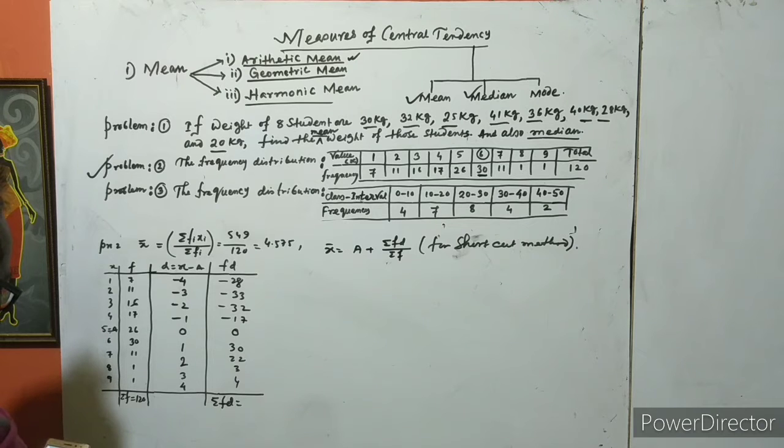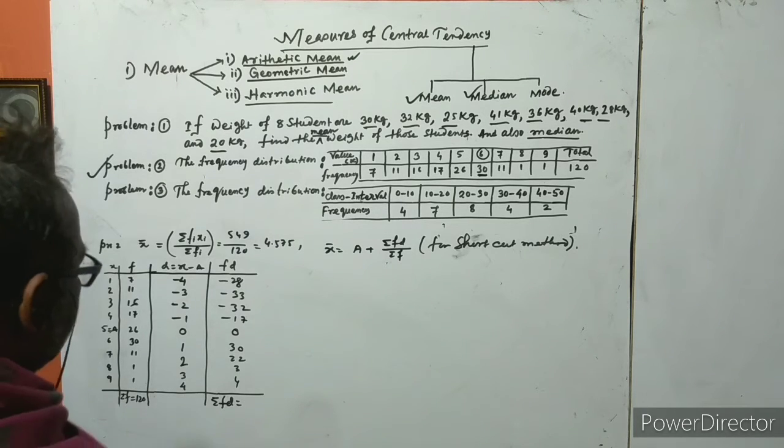Okay, minus 32. Okay, 23. Okay. Minus 28. Minus 51.